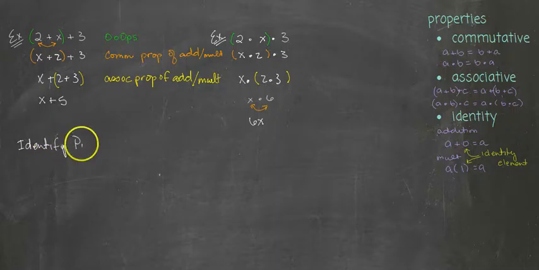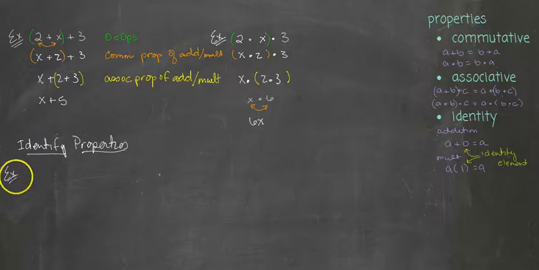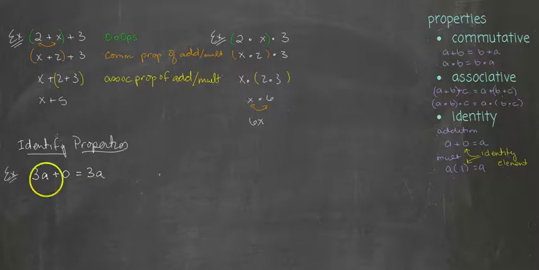Okay, so now let's identify the property that's being used. So for the first one, I want to look at 3a plus 0 equals 3a. Well, I haven't used a property to switch a and 3, so I have not used the commutative property, because 3a on one side is the same as 3a on the other side.